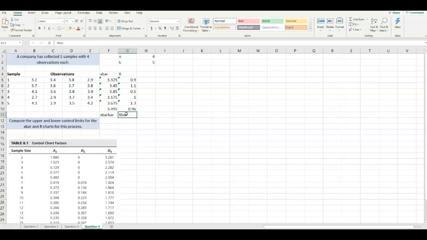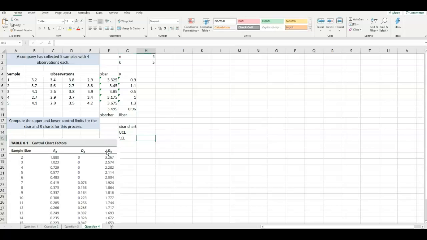So now that we have these values here, we can now think about creating the upper and lower control limits for the X bar chart and the R chart. So let's first just talk about the equations that we're going to use. For the X bar chart, we have an upper control limit and a lower control limit.